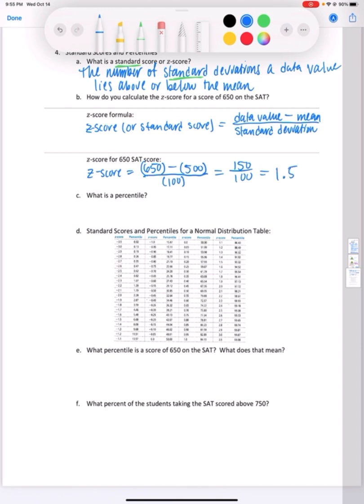What does this 1.5 mean? It's 1.5 standard deviations above the mean, since 650 is greater than 500. So we'll write that down.